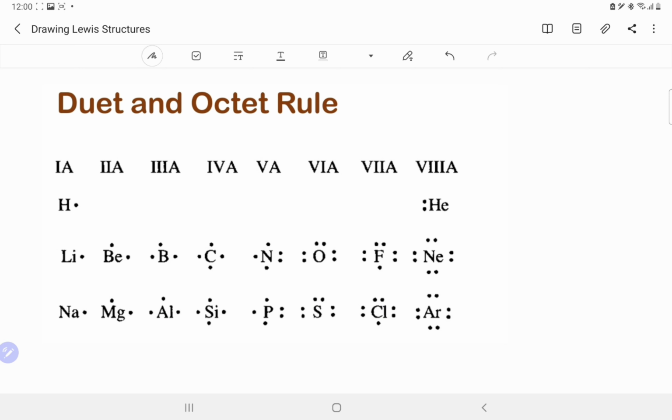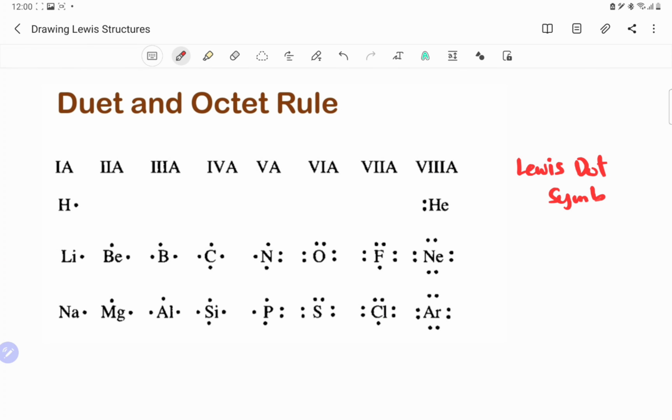So makikita nyo itong atoms represented as Lewis dot symbol. Okay, sa Lewis dot symbol, the dots around the atom is what we call a valence electron.